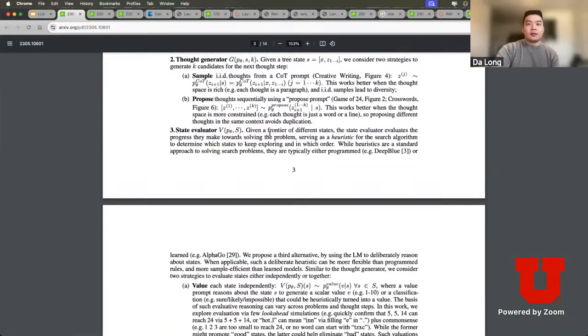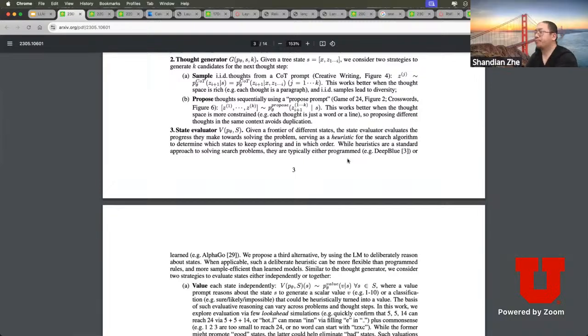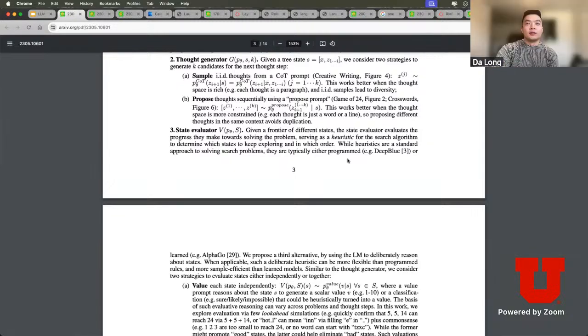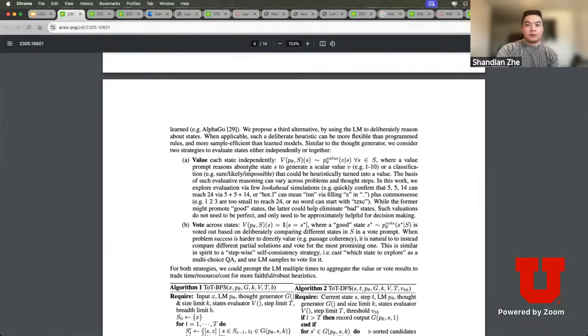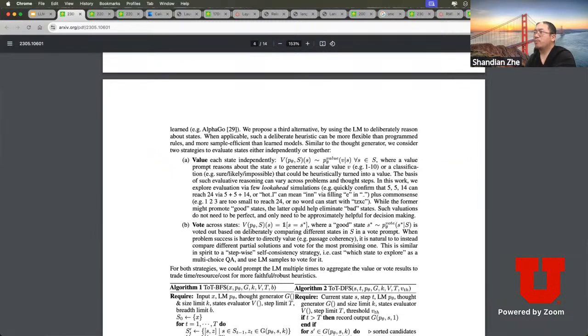Yeah, the heuristics really depend on how you evaluate each node in the tree, like how you decide this node is good or bad. It should be based on heuristics. Okay, this is how smartly you can call the large language model to get the answer you want.